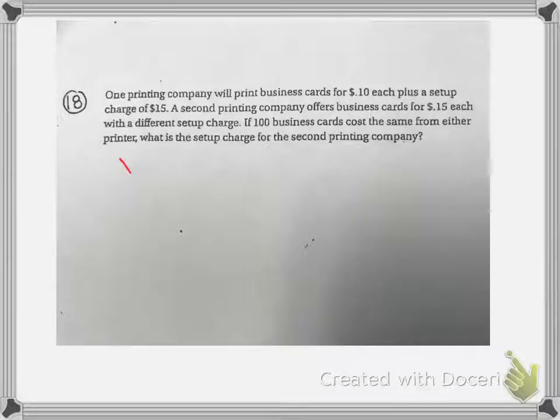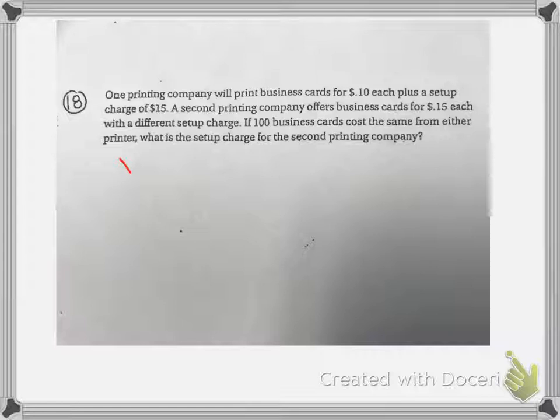All right, number 18. One printing company will print business cards for 10 cents each, plus a setup charge of $15. A second printing company offers business cards for 15 cents with a different setup charge. If 100 business cards cost the same from either printer, what is the setup charge for the second printing company?